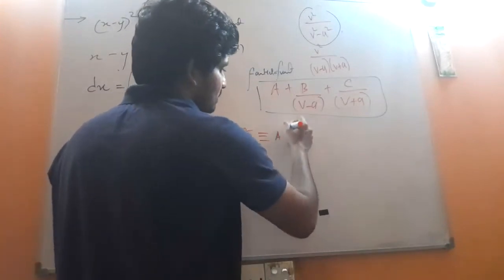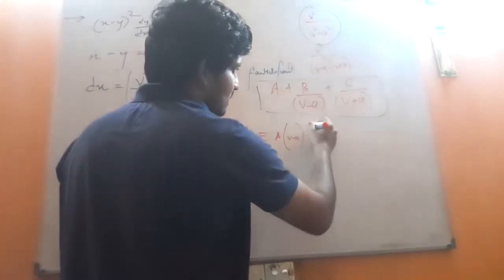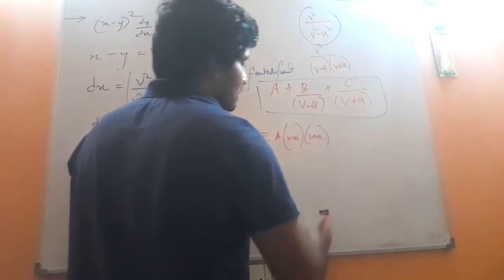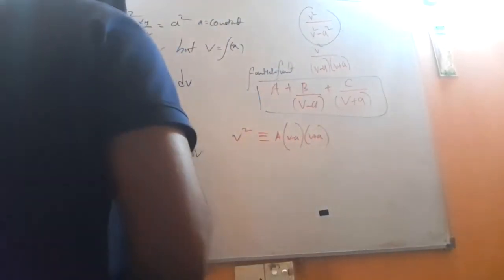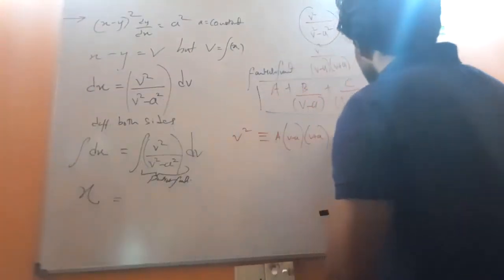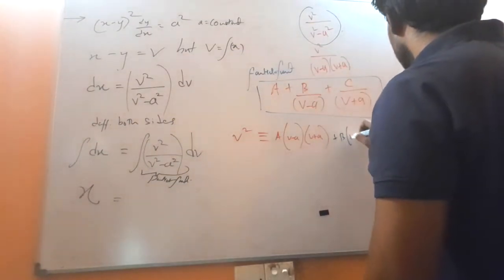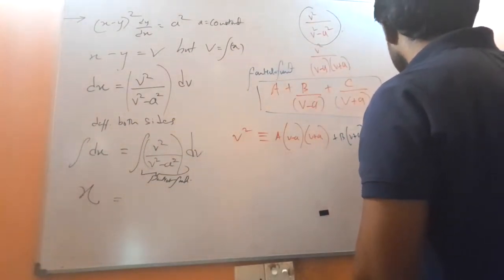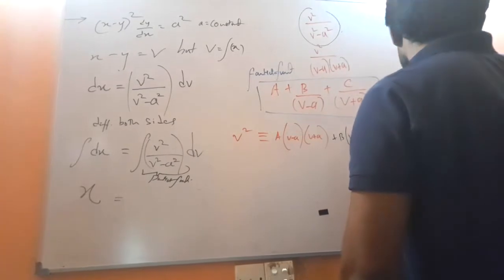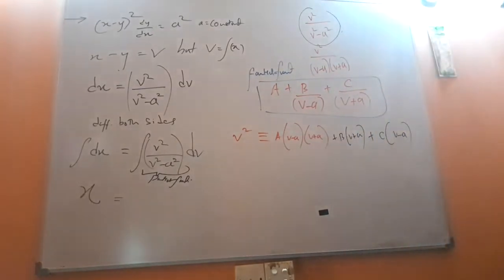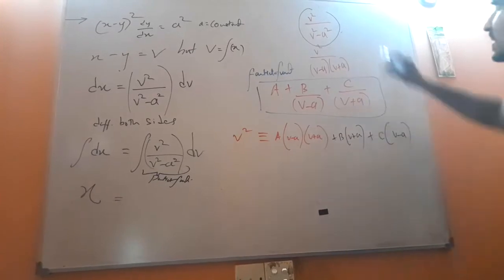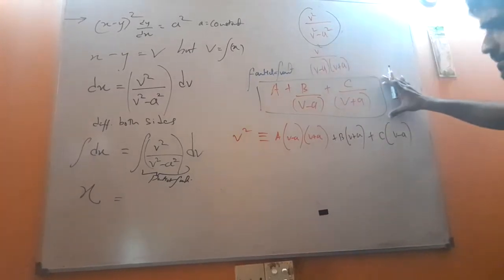So what is the numerator you are getting? A times v minus a, v plus a, right? And plus b times v plus a plus c times v minus a, right? So that is the numerator you are getting, because this side is identically the same as this side.